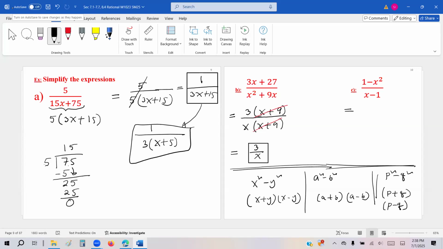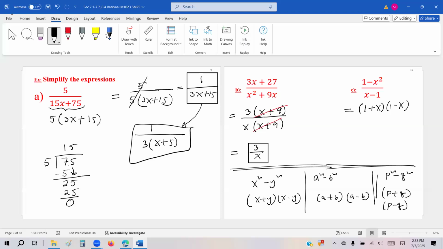I have x squared minus y squared. So x plus y, x minus y. Which one comes first, x or the y? And where do you see x here, the first one or the second one? So what would be the factors here? 1 plus x, 1 minus x. The plus one doesn't matter.